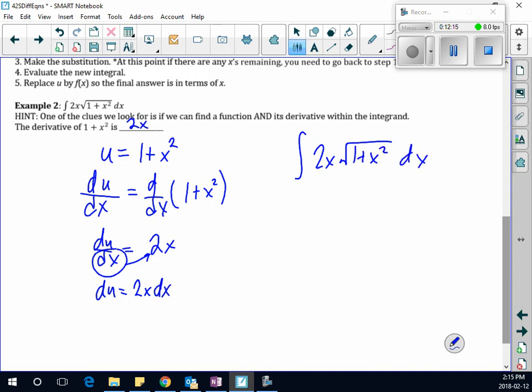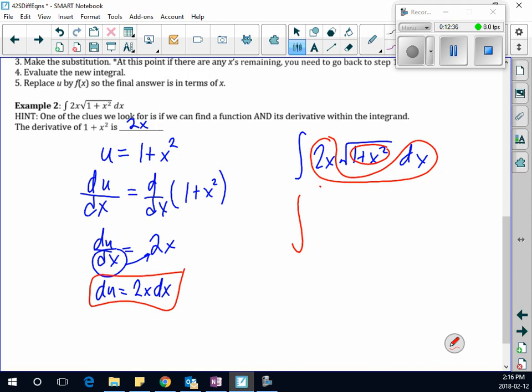Does everybody see the 2x dx is going to replace the whole thing with du? I'm replacing 2x dx with du. You're good with that? Then I'm going to replace this part right here with u. So this now becomes the integral of u to the power of 1/2 du.